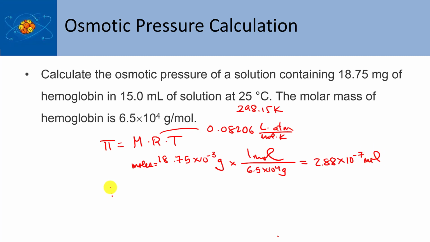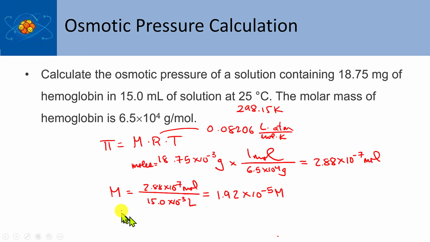And then to get the molarity, I have 2.88 times 10 to the minus 7th moles divided by 15.0 times 10 to the minus 3rd liters. And that gives me 1.92 times 10 to the minus 5th, and that will be in moles per liter, or molarity units.